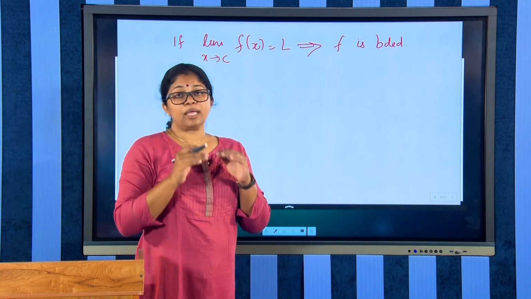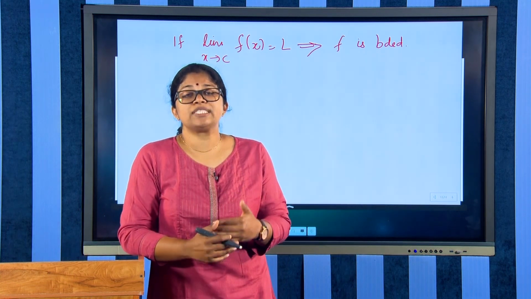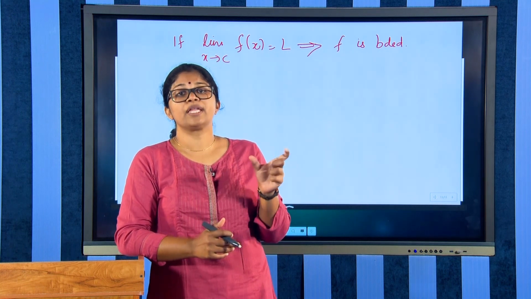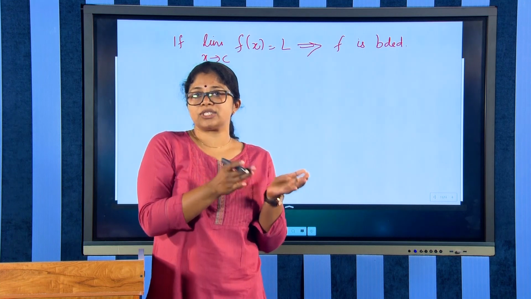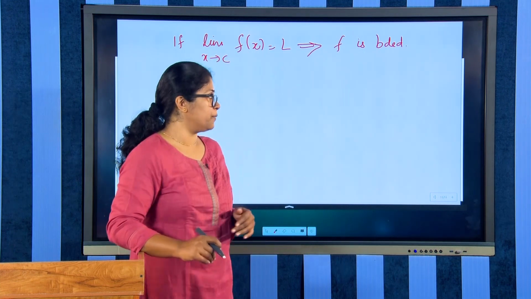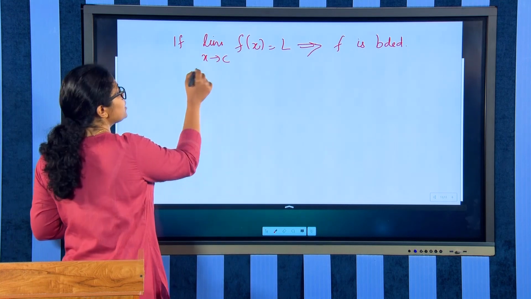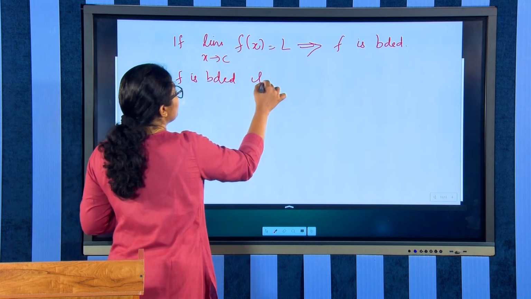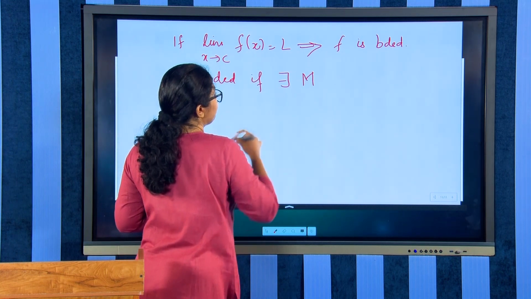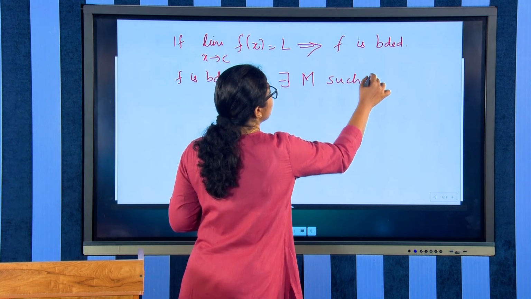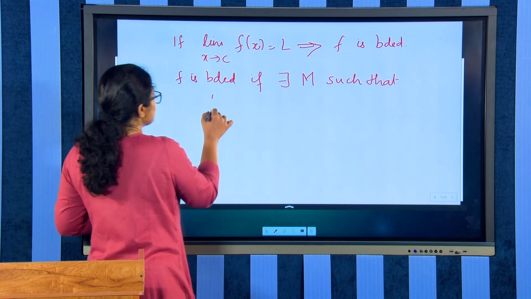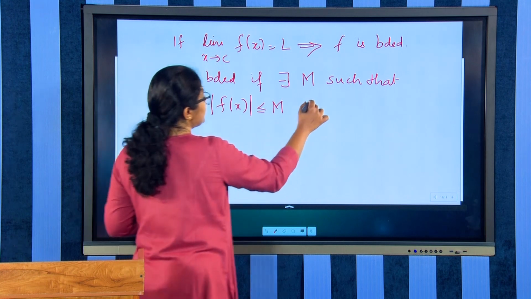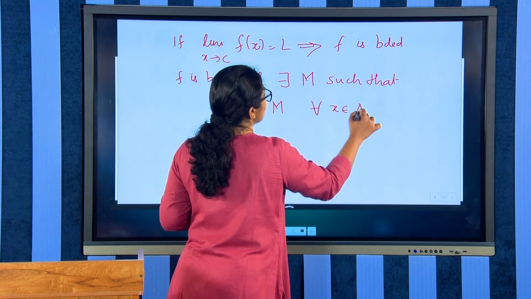Now there comes a question: when do we say that a function is bounded? A function is bounded if the range set is bounded. That means if the images are bounded, we will say the function is bounded. So first we will discuss what is boundedness of a function. f is bounded if there exists some real number M such that modulus of f of x is less than or equal to M for every x belonging to the domain.